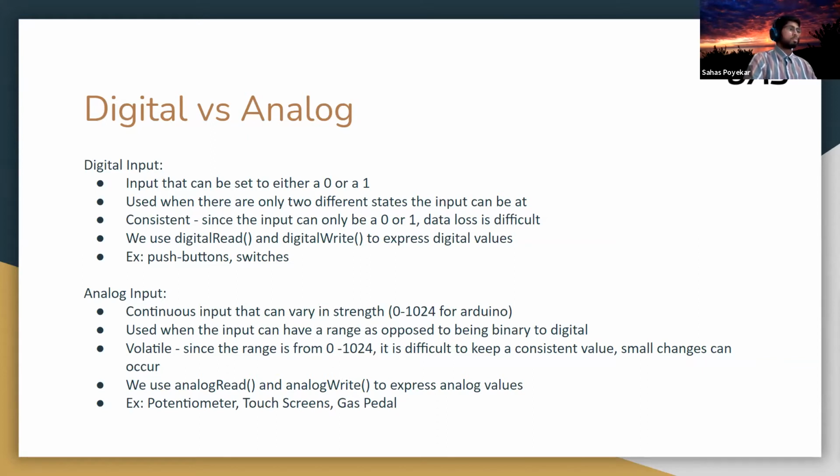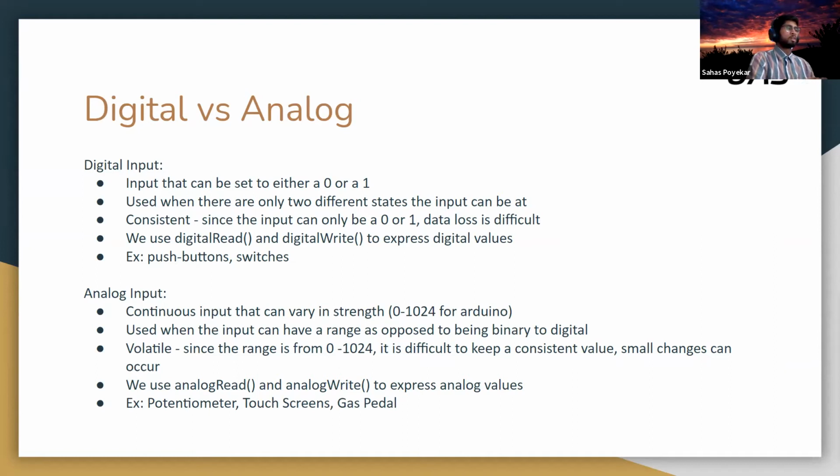Since we have a range from 0 to 1024, it's difficult to keep it at a consistent value, and any small changes in the hardware can change the overall output we get from, say, a potentiometer.